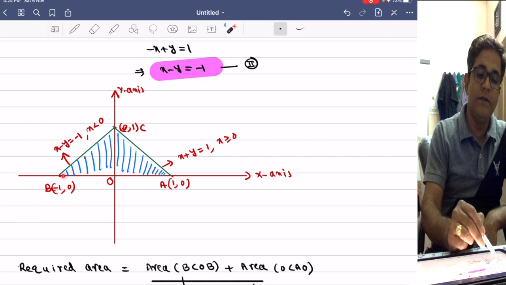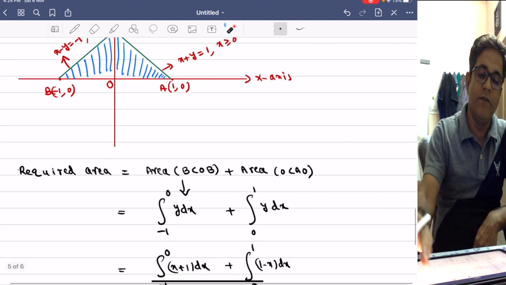Therefore, this area, area BCOB, is equal to area OCAO. So you calculate this area, area OCAO, times 2 is our complete required area.